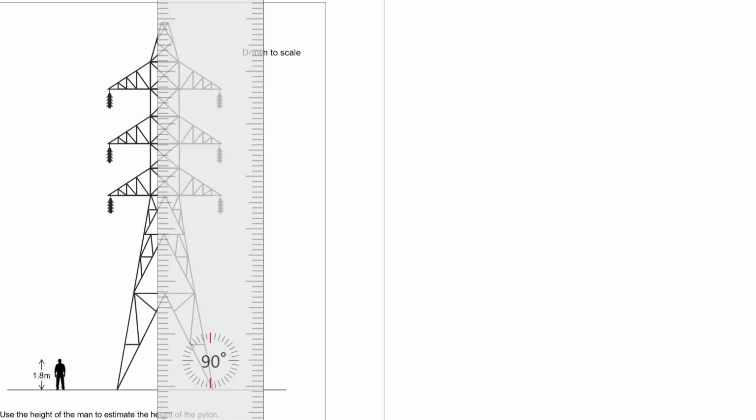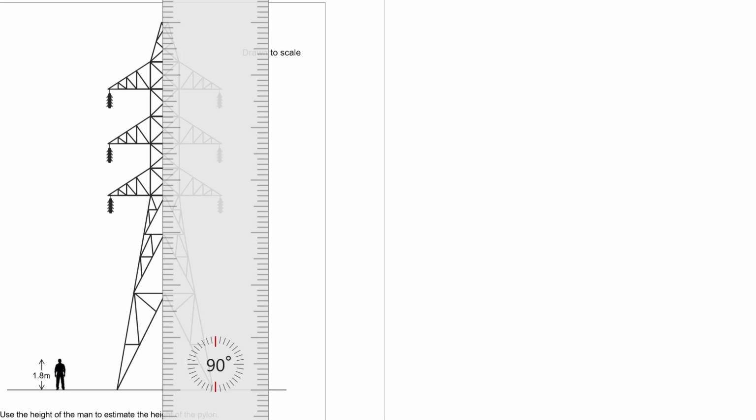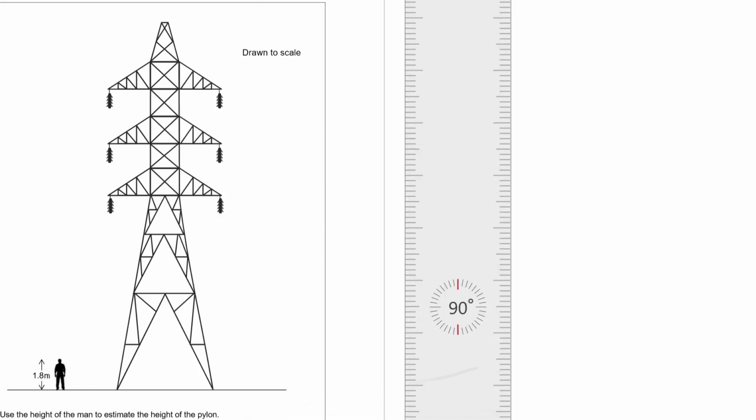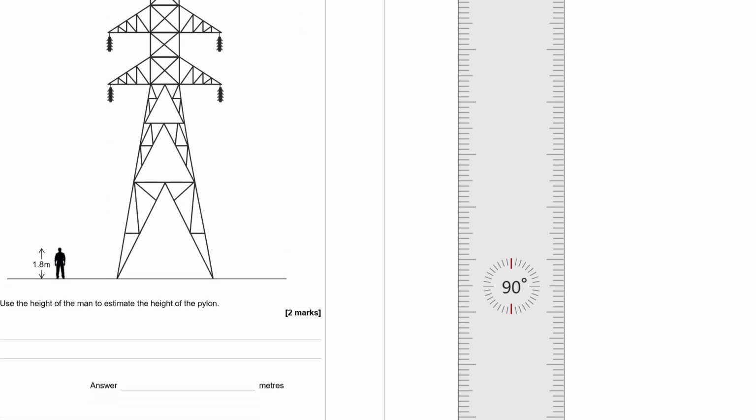Comparing that to the pylon, that is 10, 20, 30, 40, 50, 60, 70 little marks. So the ratio of the height of the guy to the height of the pylon is 6 to 70.